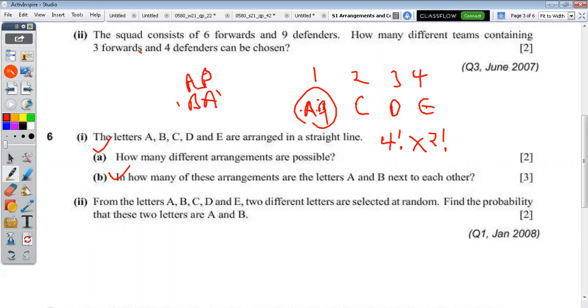From the letters A, B, C, D, and E, 2 different letters are selected at random. Find the probability that these 2 letters are A and B. So from the 5 letters, 2 are selected at random.